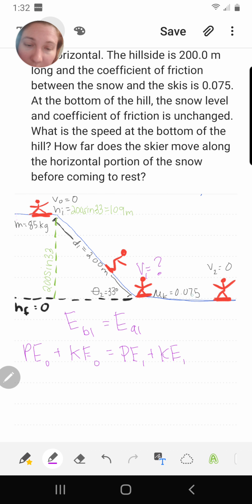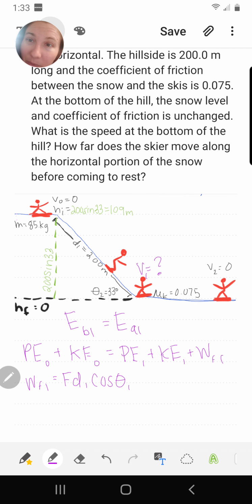And because there's friction involved, we also have work due to that friction being done. Well, what is work? Work is just a force times the distance times the cosine of the angle. Okay?